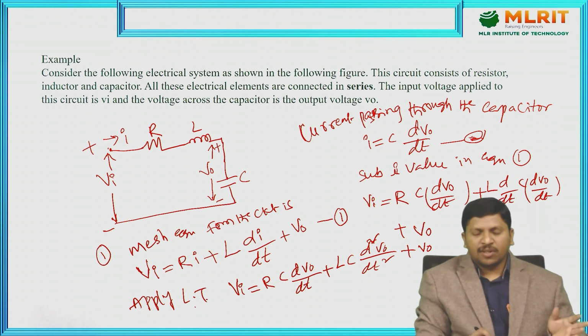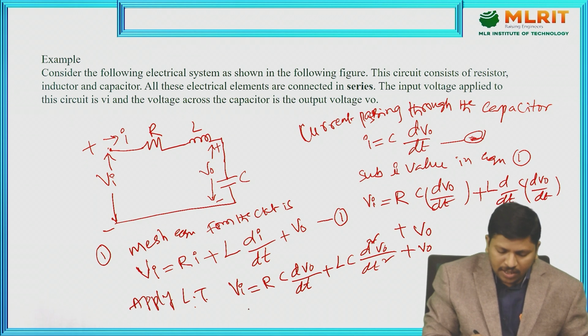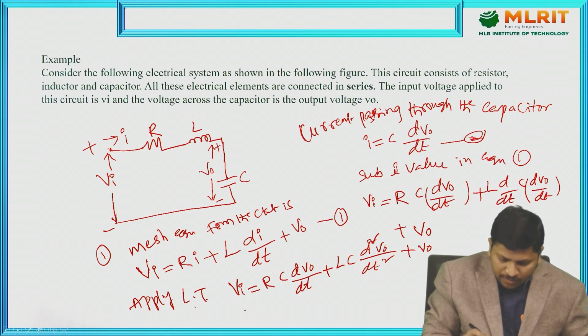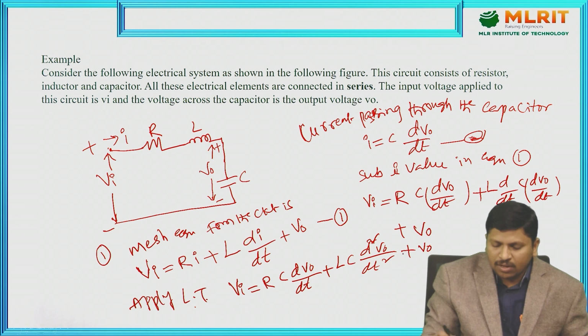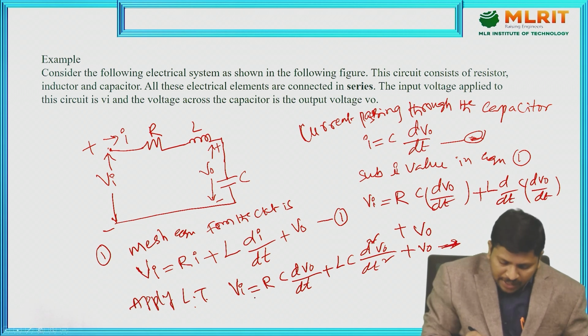Apply the Laplace transform to this equation. For that, I get 1 by LC, since LC is common in this equation. LC comes to the left side, and also apply the Laplace transform for the equation.